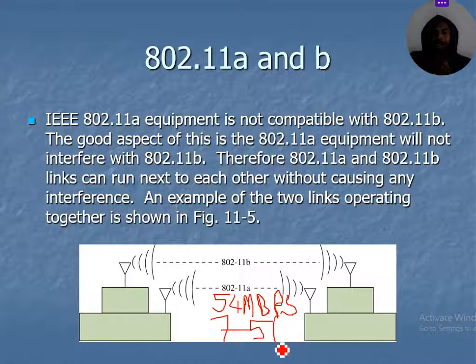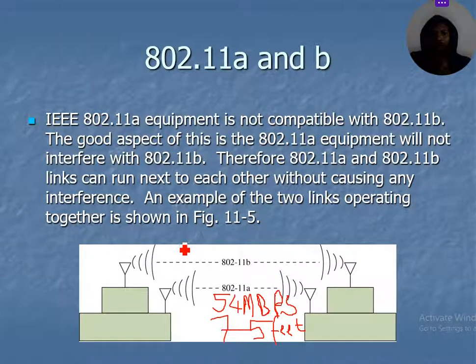You see there is a trade-off between the distance it covers and the speed. Although 802.11a has a higher speed and a bigger bandwidth, the coverage area is only about 75 feet. So there's a trade-off between 802.11a and 802.11b.